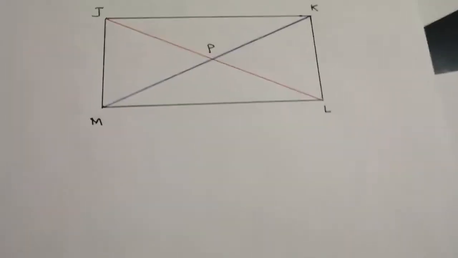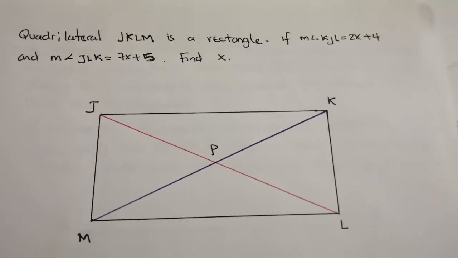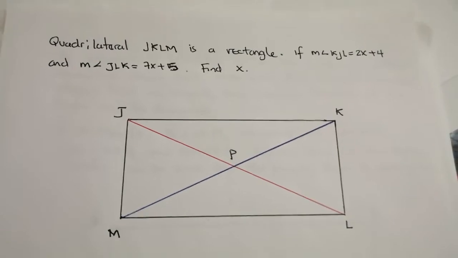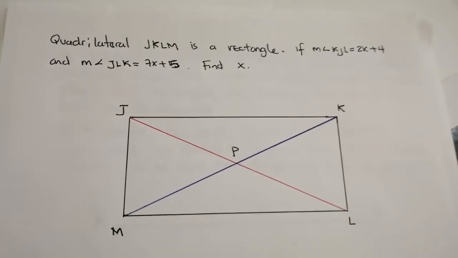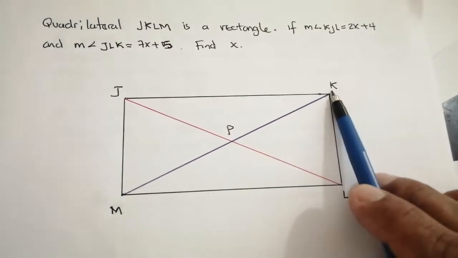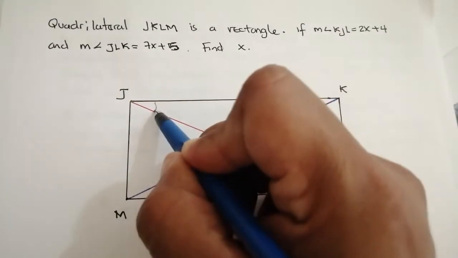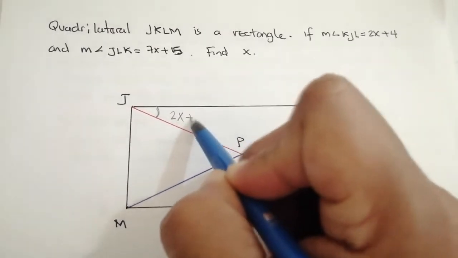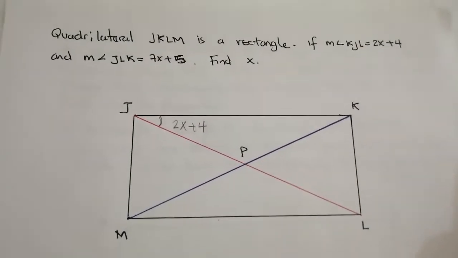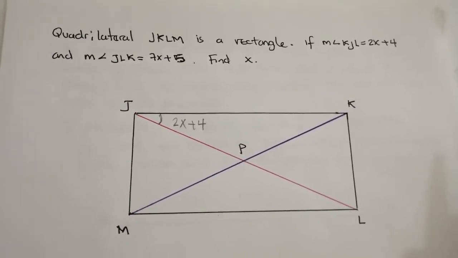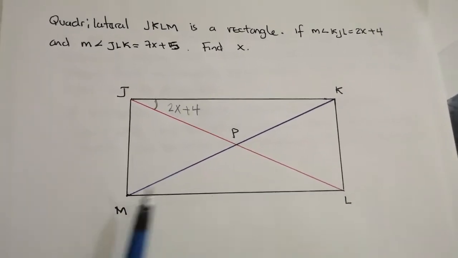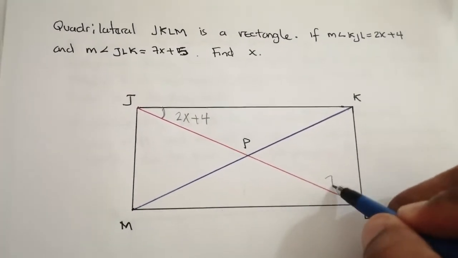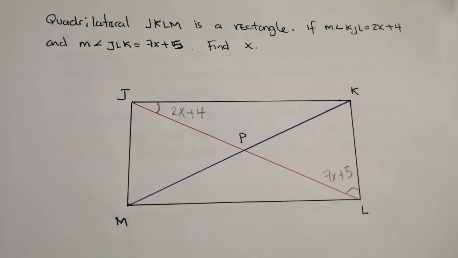Okay, the next problem refers to algebra. We have quadrilateral JKLM is a rectangle, and they said if the measure of angle KJL, this angle here, is 2x plus 4, and the measure of angle JLK, this one, is 7x plus 5, find the value of x.